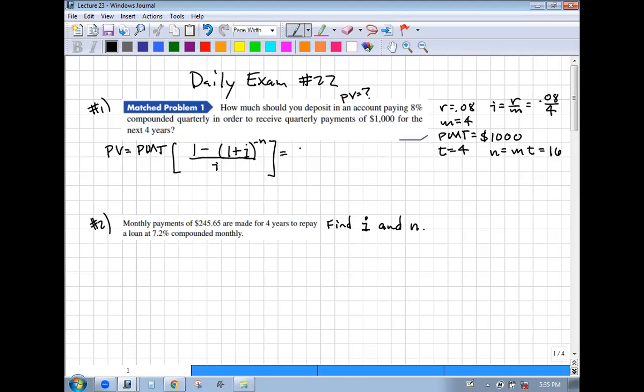The present value is, well, we have $1,000 payments coming to us. And I is 0.08 divided by 4. And this is 1 minus (1 plus I) to the negative 16th power, all over I. At this point, you plug it into your calculator.